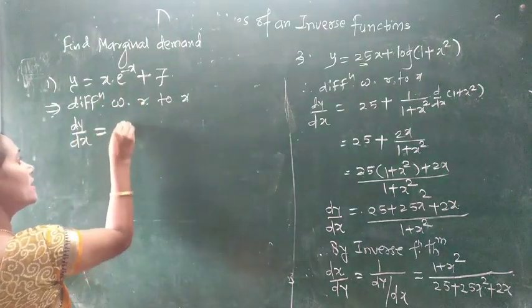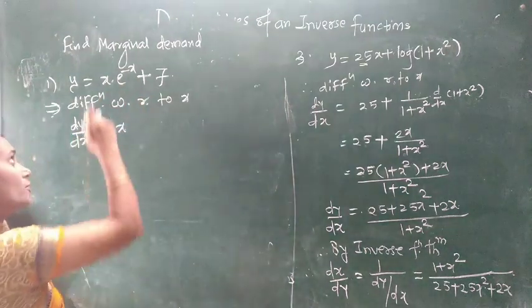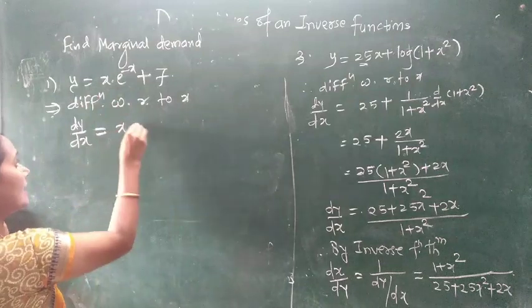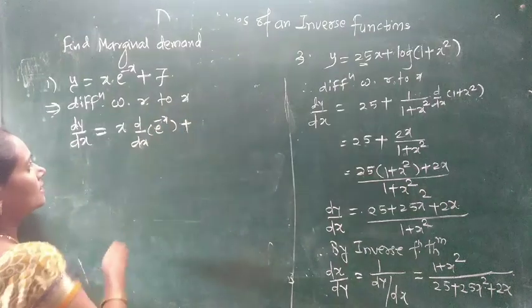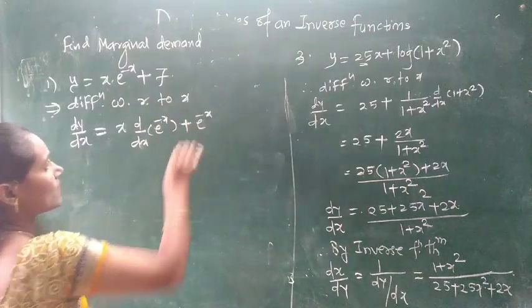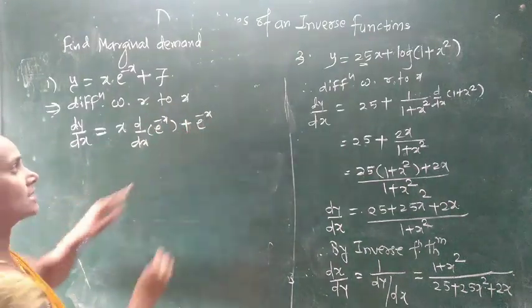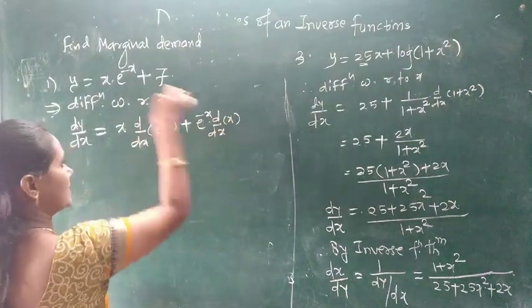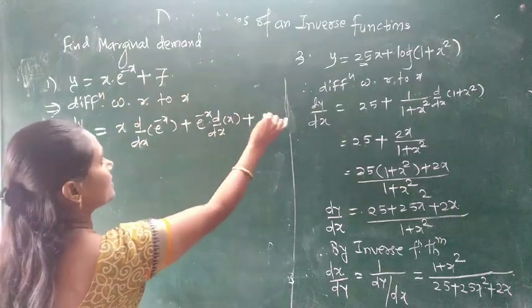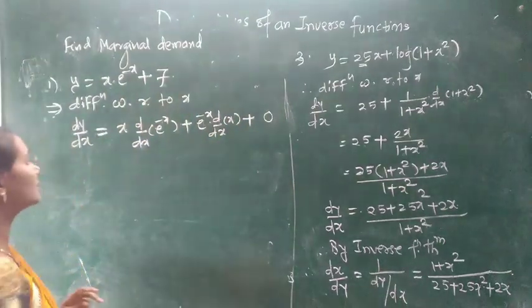So keep the first function as it is and take the derivative of e raised to minus x, plus keep e raised to minus x, the second function, as it is, into the derivative of the first function, which is x here, plus the derivative of 7 is 0 because this is a constant term.